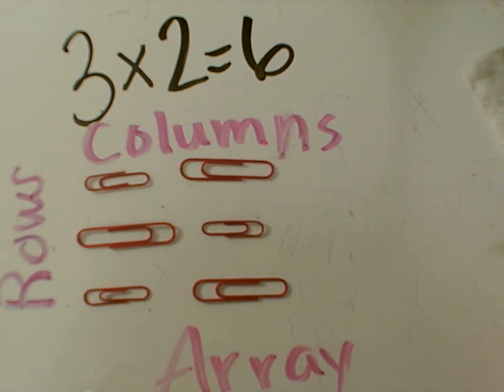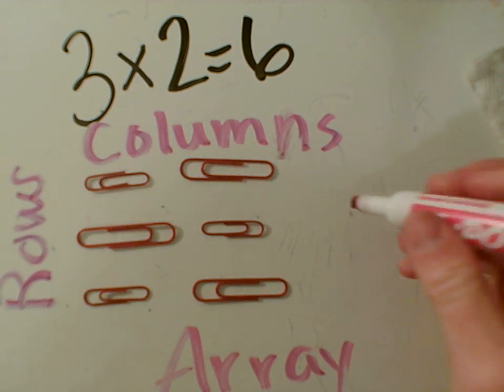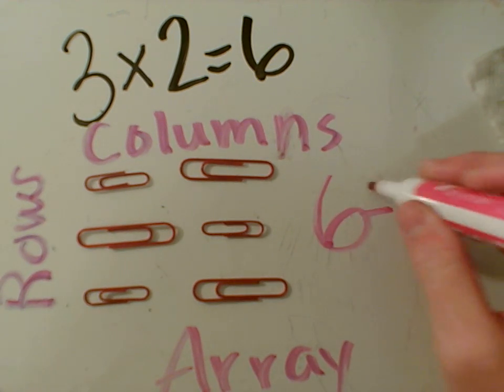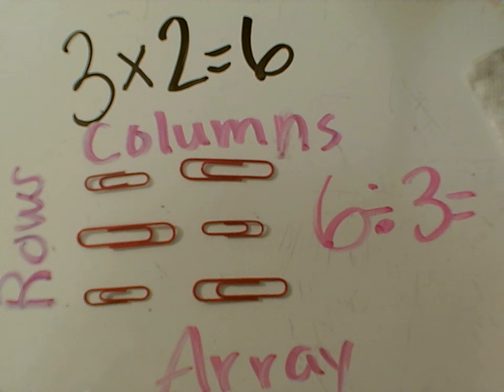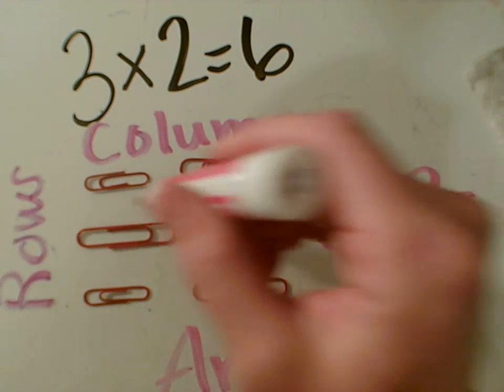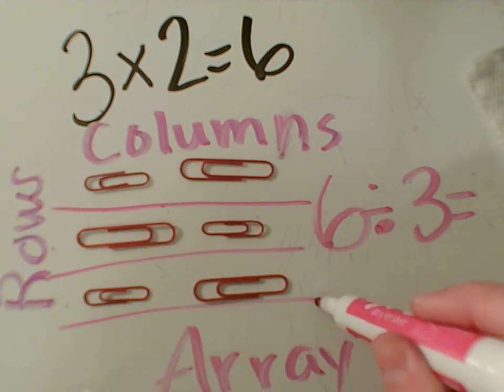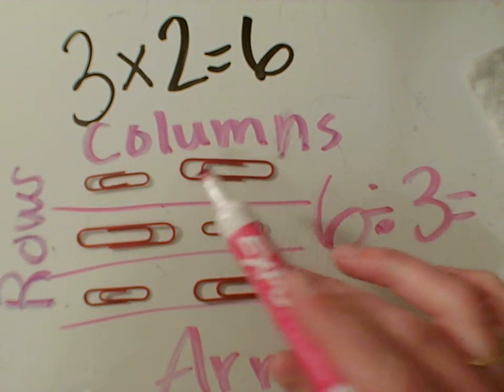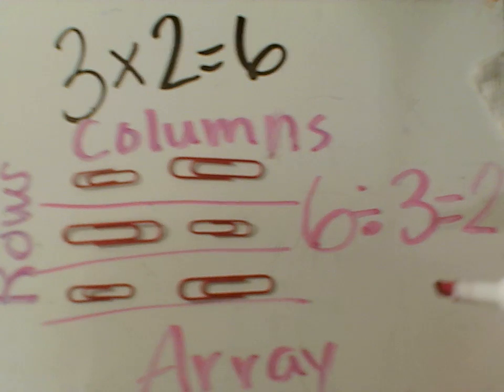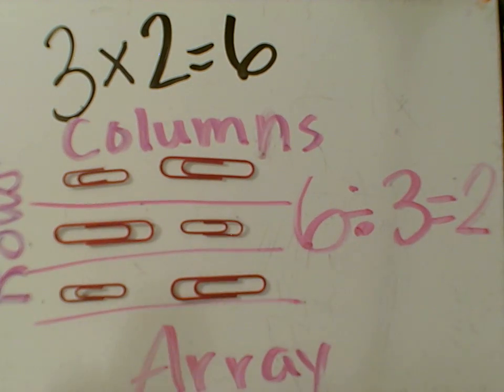We could also look at it like this. 6 divided by 3 equals, well, 6 divided by 3, here's our 3 rows, 1, 2, and 3. And how many are in each row? 2.